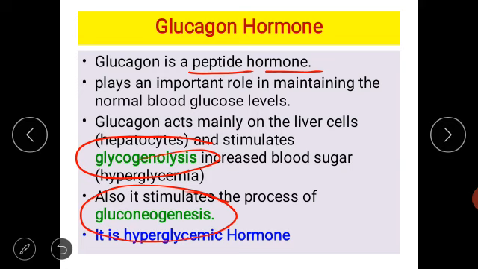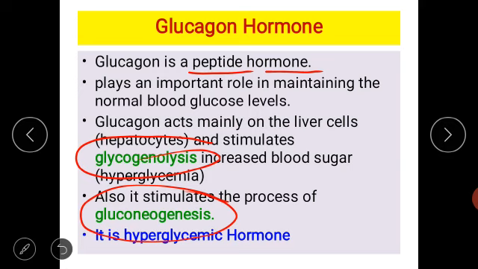It is helpful in catabolism, the breaking of glycogen by the process called glycogenolysis, which increases the blood sugar level to the normal extent.